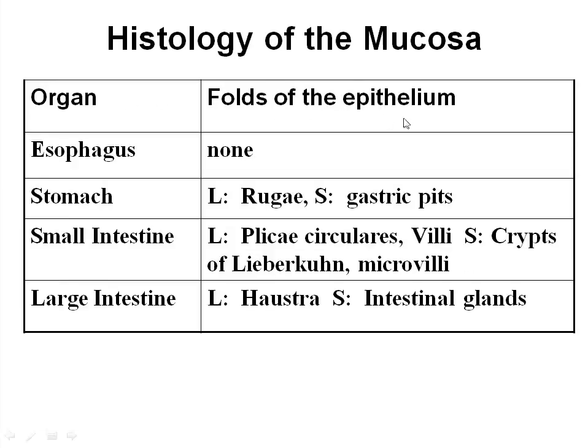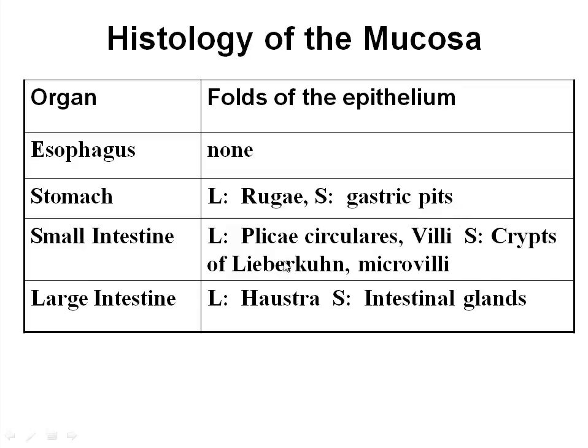Then the folds of epithelium, if we want to check how folding occurs in epithelium: in the case of the esophagus, there is no folding. It is plain. In the stomach, it forms huge folds called rugae, and small folds called gastric pits.